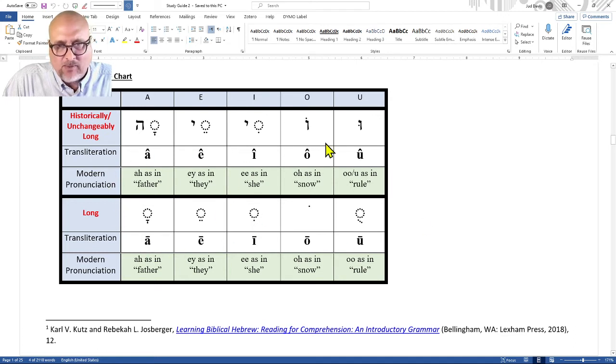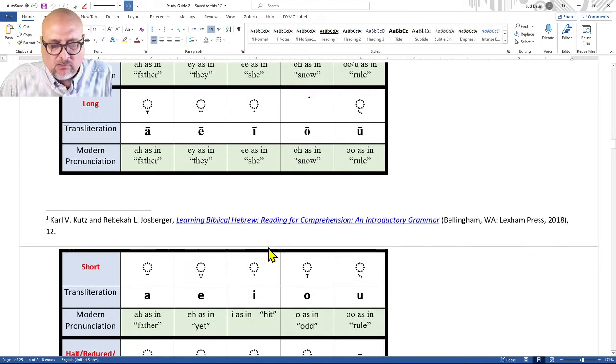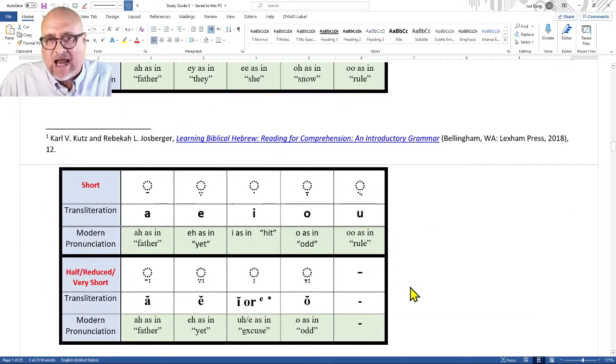We're just going to copy the way he talks. But basically, that's what's going on. You've got the Mater Lectionis letters. You've got long, you've got short, and then you've got half vowels. All right? Not saying you've got everything, but does some of that make sense to you?